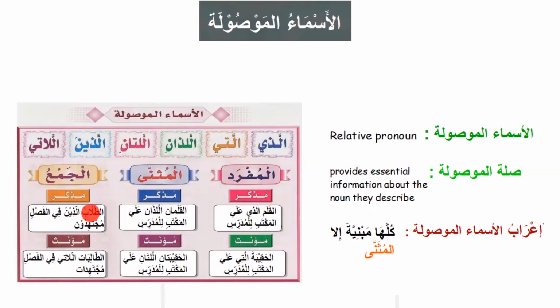Okay, so at-tullabu alladhina fil fasl mujtahidun, the students who are in the class are hardworking. Mujtahidun, I hope you can see here. Of course, what do we call this one? The wow and the noon. Jam'u. What type of jam'u plural is this? Jam'u muzakkar salim.